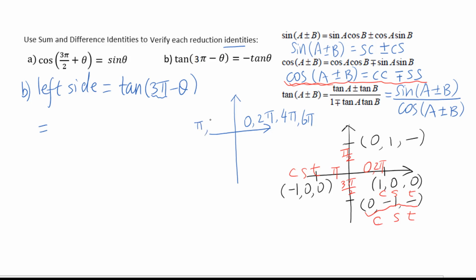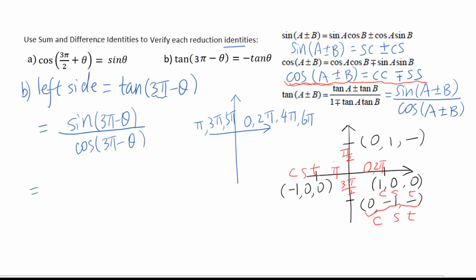Just keep adding 2 pi because one circle is 2 pi. So you have 3 pi and 5 pi. So basically, pi and 3 pi have the same trig value. Whenever you verify tangent, you always use sine over cosine. So I write down sine 3 pi minus theta and cosine 3 pi minus theta.